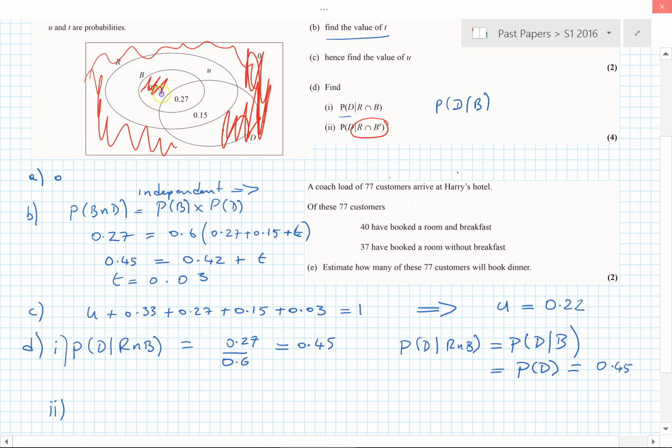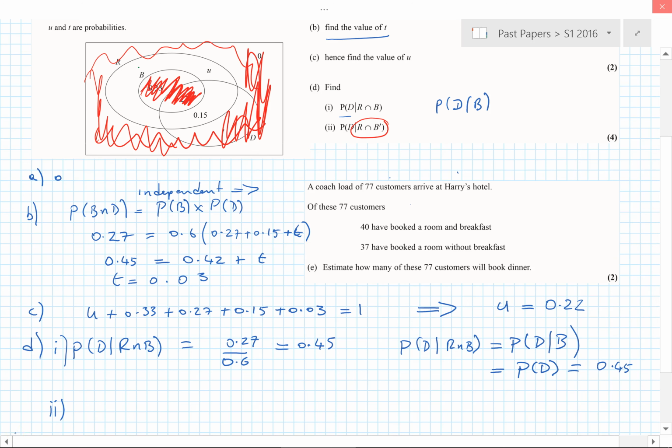So we're scrubbing out the whole of D there. So that's the set we're looking at, the outer bit of this circle, the bit in between. Basically this bit here is our set that we're considering.